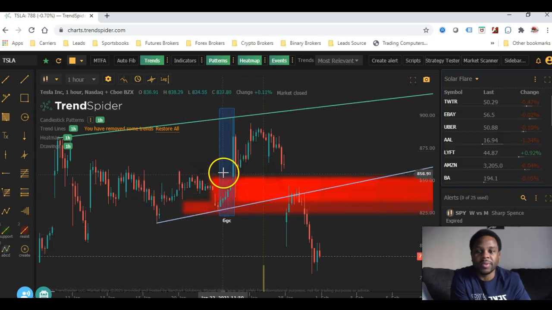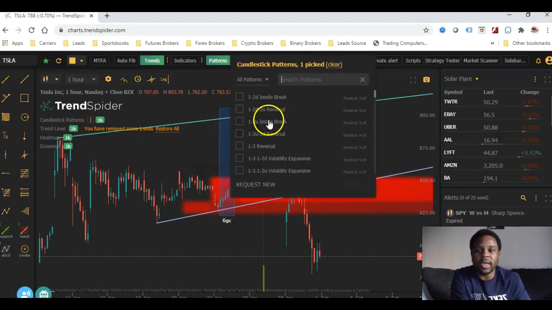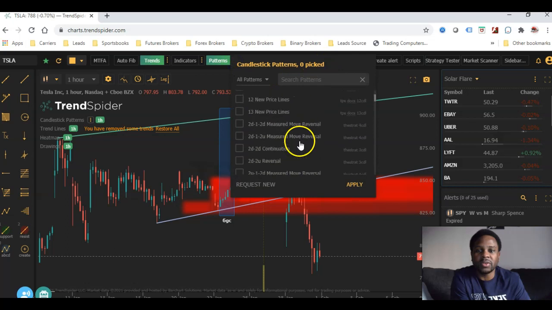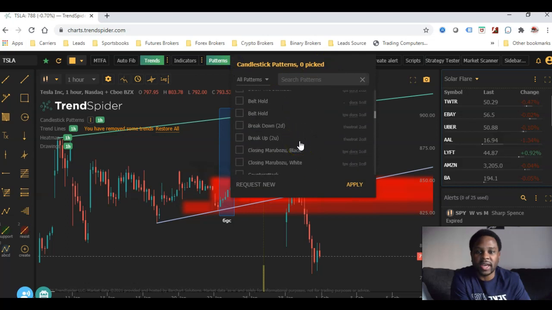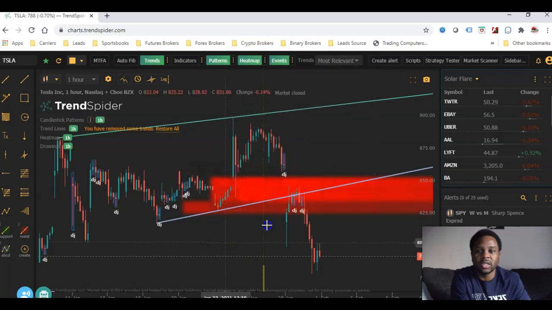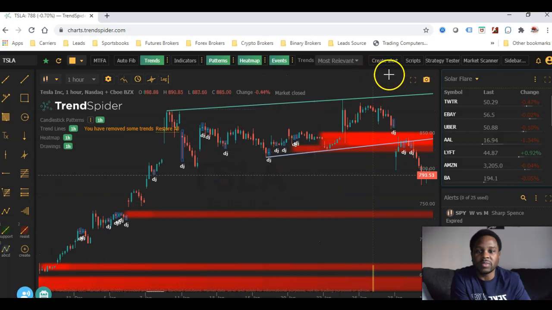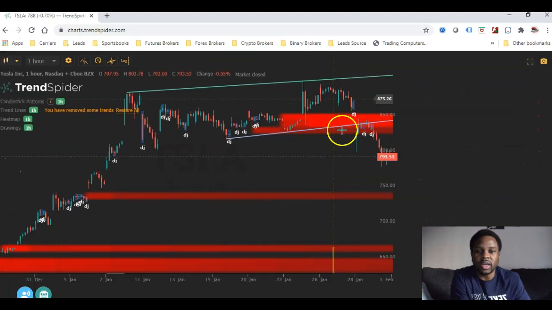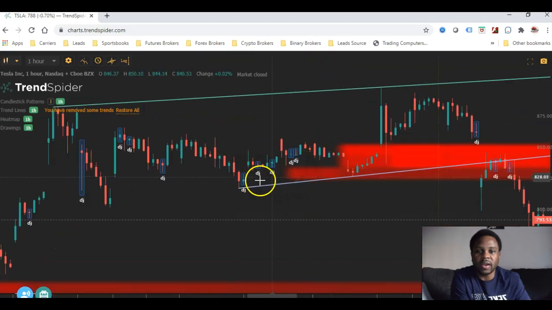Maybe your strategy involves some type of pattern of that nature. You can just play around with this. If you want to find nothing but dojis, you've got all these particular dojis and candles firing off within the strategy.